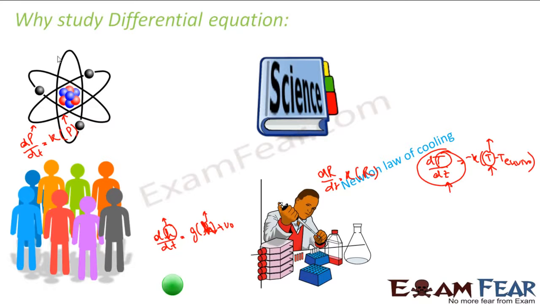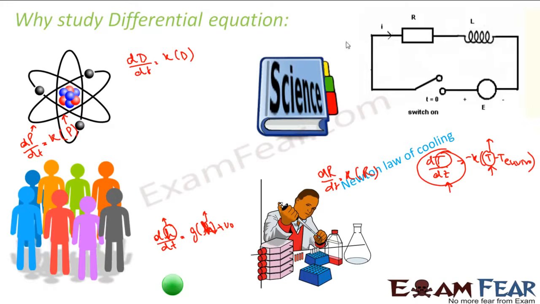If you talk about atomic decay, let's suppose d is decay, then dd by dt is directly proportional to d. So the rate of decay is directly proportional to the decay. In case of circuits which we use in physics, you have this L inductor. For an inductor, the E which you have will be L di by dt.